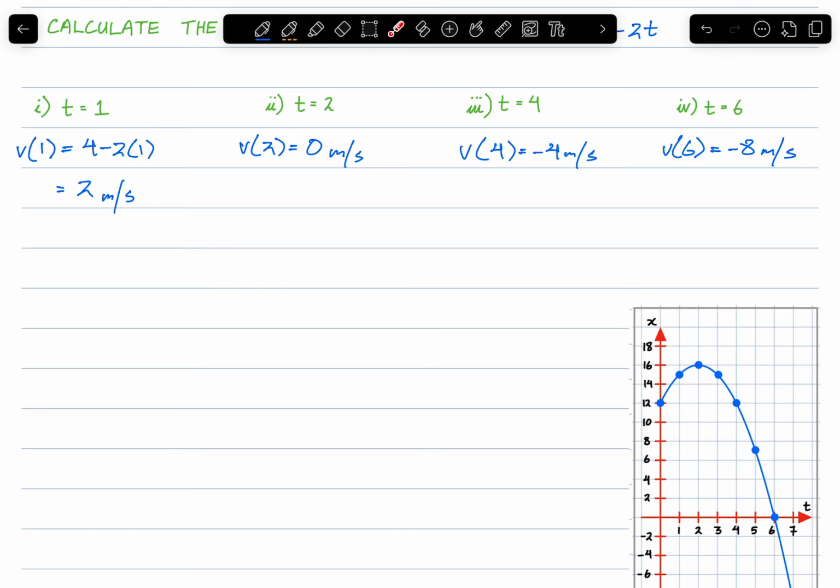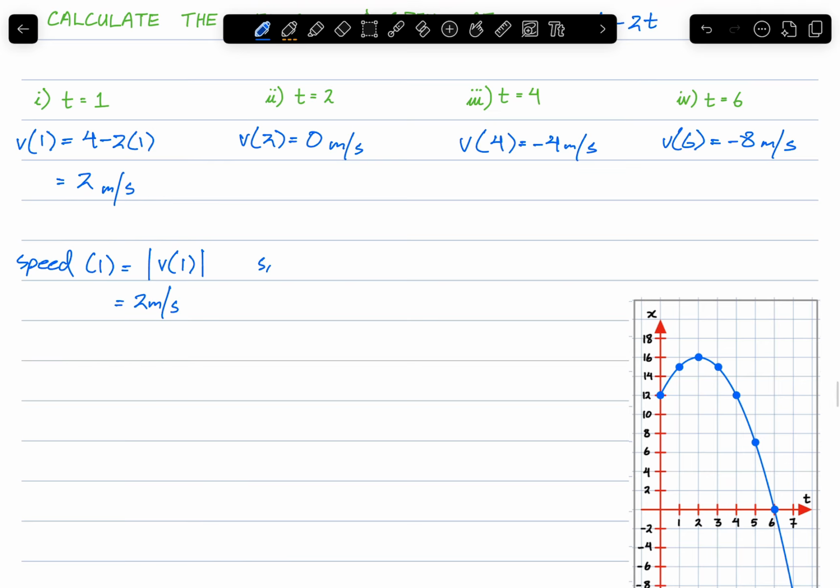But now, to calculate speed at 1 second, so s of 1, we simply take the absolute value of v of 1. So the absolute value of 2 meters per second is still 2 meters per second.